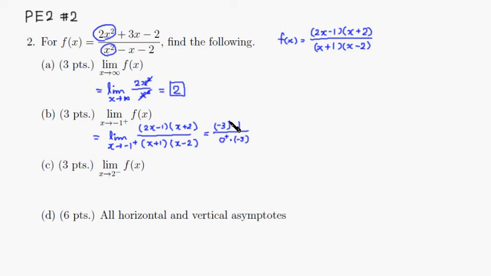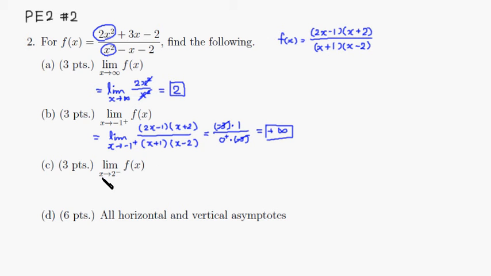There's -3 on top and -3 on the bottom, so you can cancel those. Then you have 1 on top and 0 on the bottom, so this is going to be infinity. Whenever you have non-zero on top and 0 on the bottom, it's infinity. It's positive because 1 is positive and the 0 is approached from the positive side, so the limit goes to positive infinity.